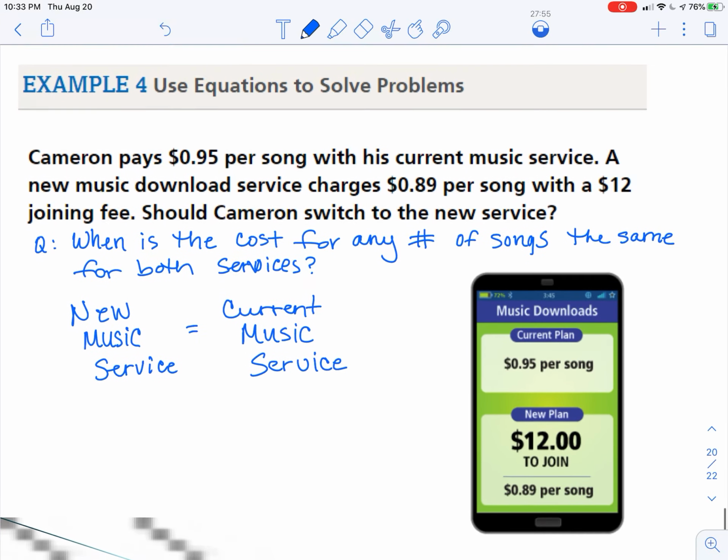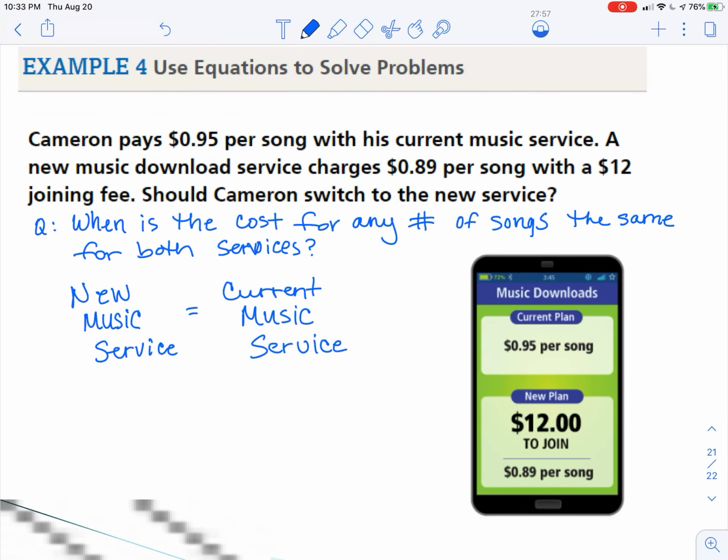Okay, and that's the equation, but we have to figure out how to express each one of those parts of our equation. So how would I set up the new music service? Well, what did the new music service say to us? The new music download is 89 cents per song, but there is a $12 joining fee.